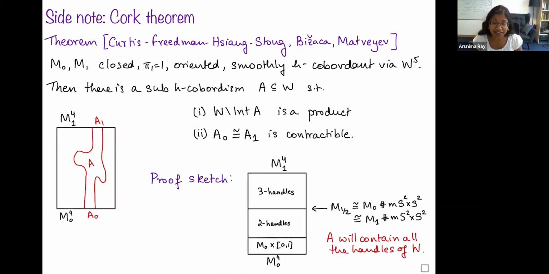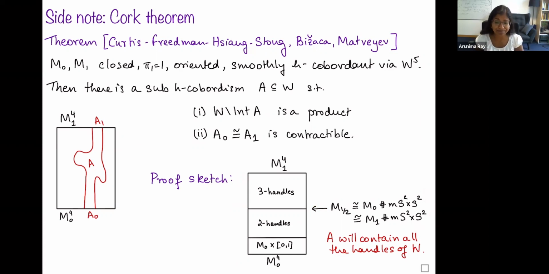Here's a quick sketch of the proof. We start once again with an H cobordism, just like we did in these last 2 proofs that we've talked about. We can assume that the H cobordism just has 2 handles and 3 handles. And then this middle level is precisely the stabilization of M0 and M1 with some number of S2 cross S2 summands. As before, we can assume that there are only S2 cross S2 summands.